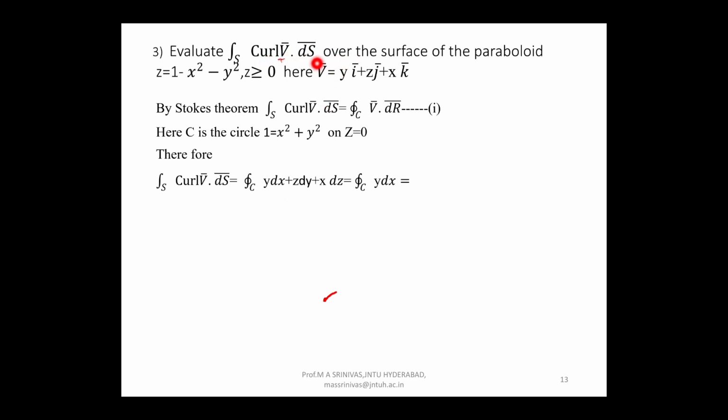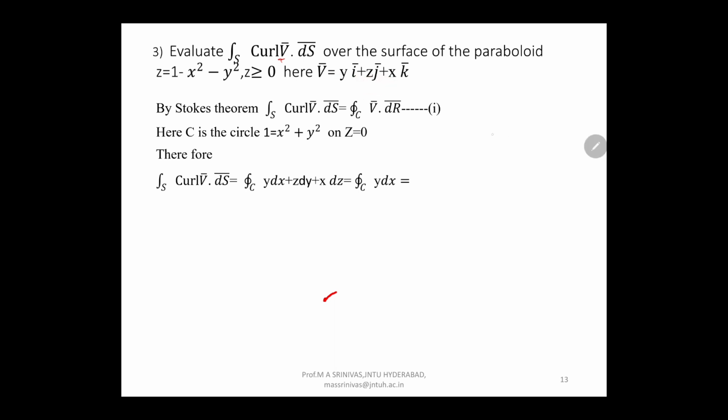The surface he has given is the paraboloid z is equal to 1 minus x square minus y square, with z greater than or equal to 0, that means above the xy plane, and V bar is the given function.